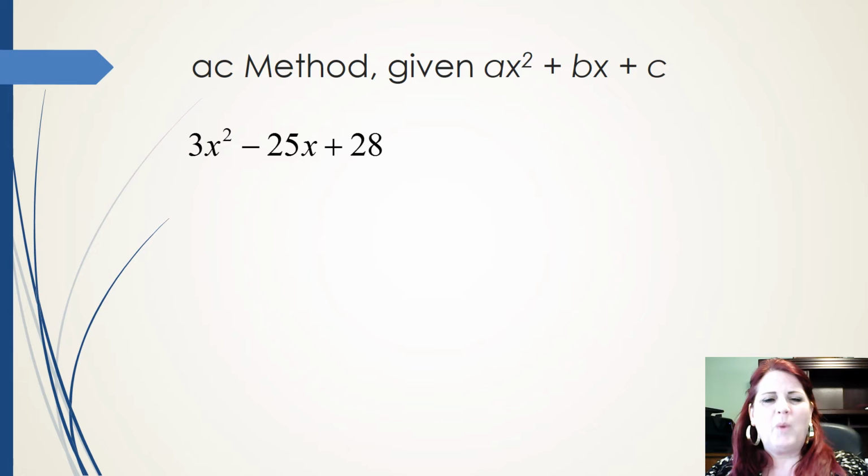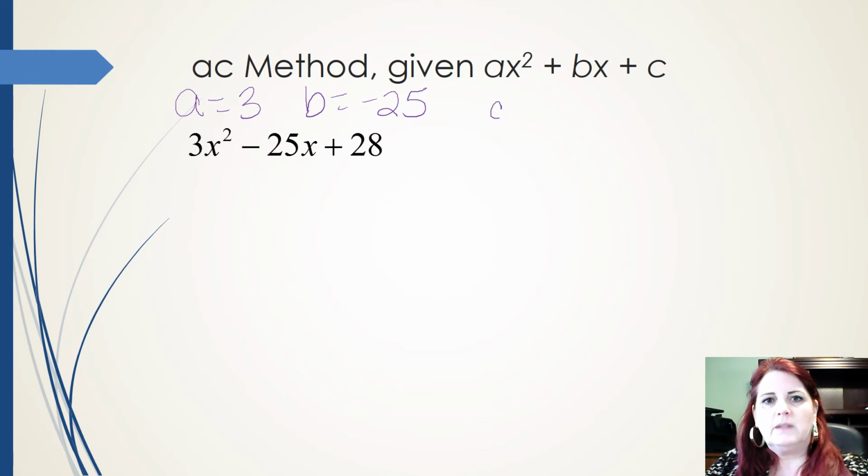Let's try one more trinomial using that AC method. So this one, A is going to equal 3, B equals negative 25, and C is equal to 28.